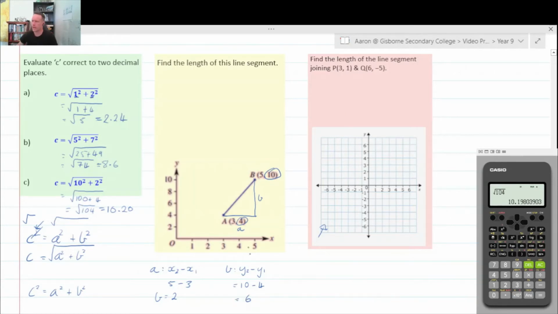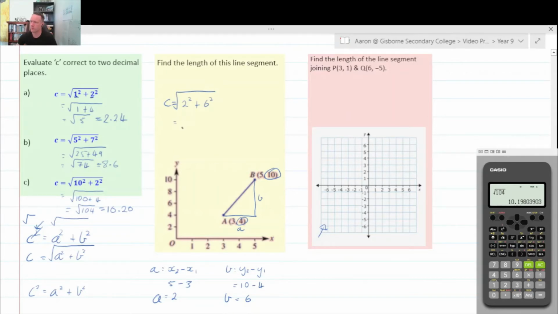All right, now we've got that, we can find the length of that triangle. That's A, it hasn't changed, and that's B there. Right, so now we can pop it into our equation. C is equal to the square root of a squared, which is 2, plus b squared, 6.